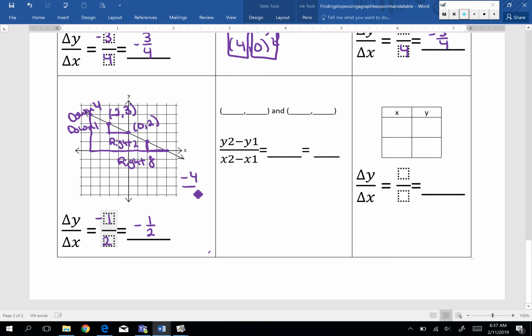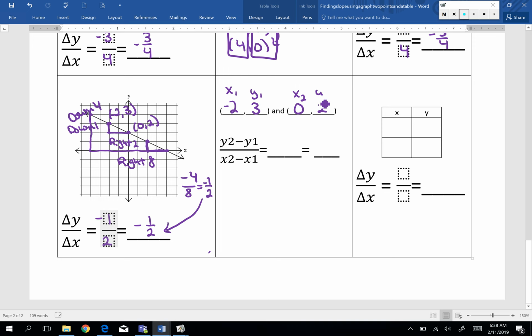Down 4, right 8. Still gives me negative 1/2. So choosing any 2 points will work. That's why I wanted to make sure I did one where I didn't choose the points for you. You're going to have to choose 2 points. I'm going to use my original 2, but again, don't change yours yet.